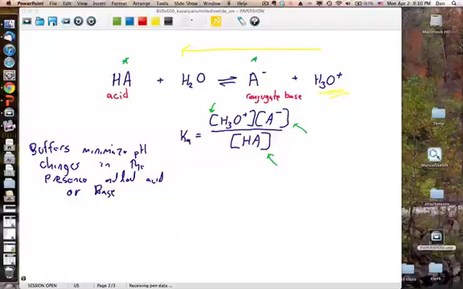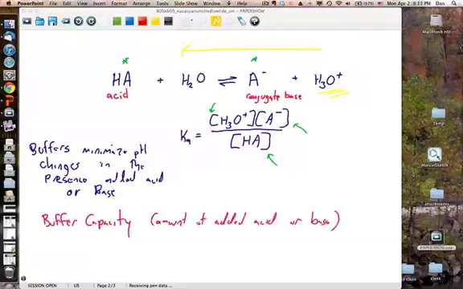So what we say is that buffers have a certain capacity, and it usually is related to the amount of added acid or base that can be absorbed by the buffer. And it depends on where you are in the acid and base and how much of the conjugate acid and how much of the conjugate base.